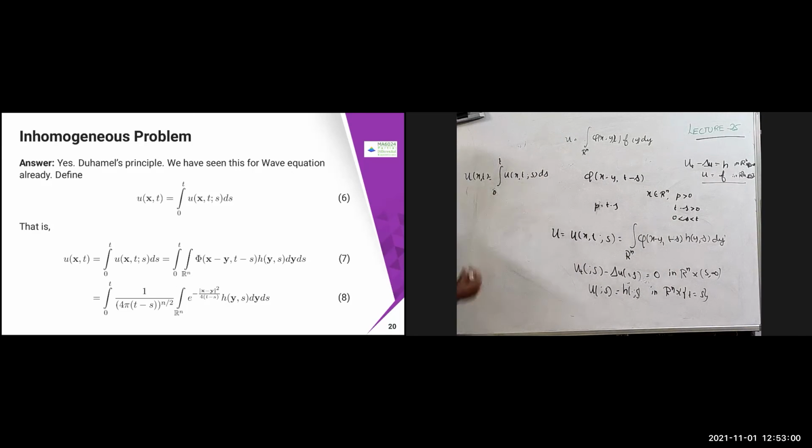So I can write it as the integral from 0 to t of u of x comma t semicolon s, which by the definition of phi is phi of x minus y comma t minus s into k of y comma s dy.